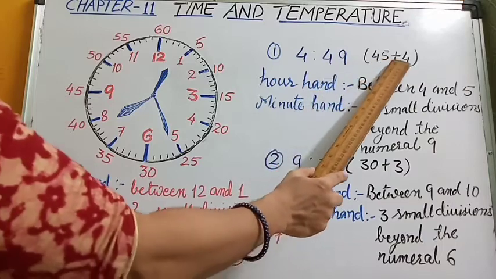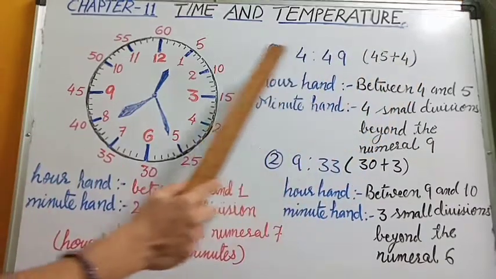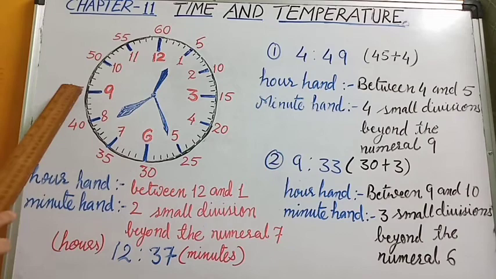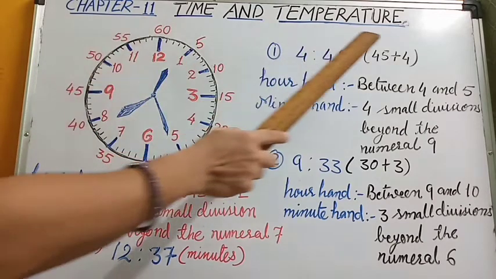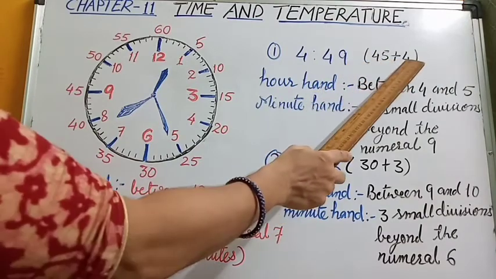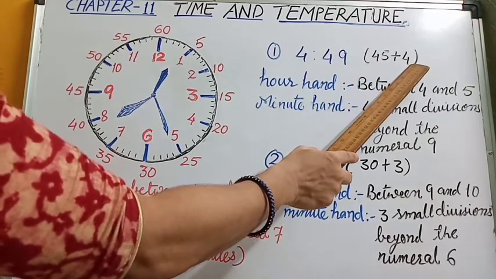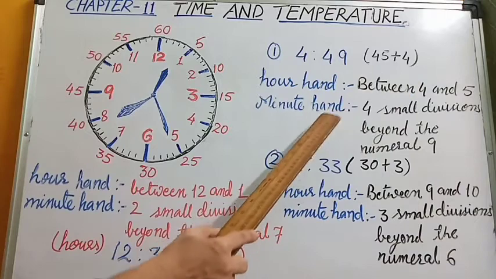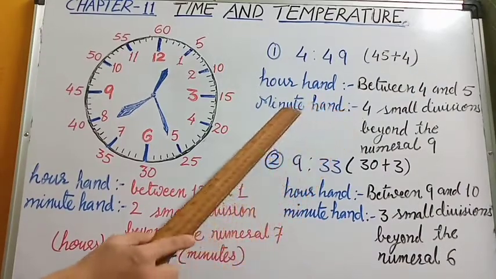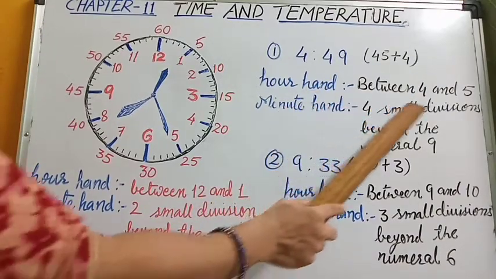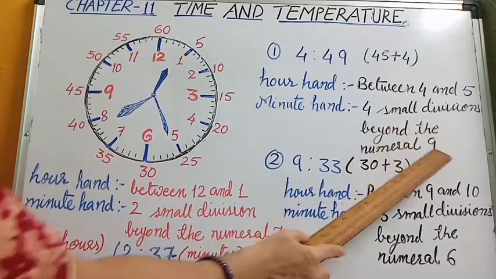49 means 45 plus 4. And when the minute hand is at 9, it will represent 45 minutes, but we need 49. That means we have to move 4 more divisions. That means the minute hand will be 4 small divisions beyond the numeral 9.